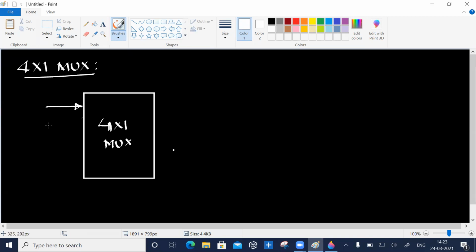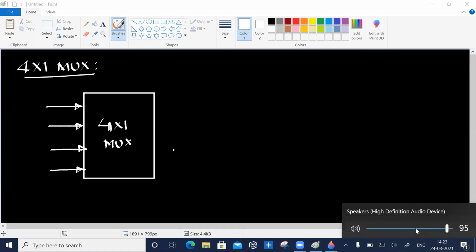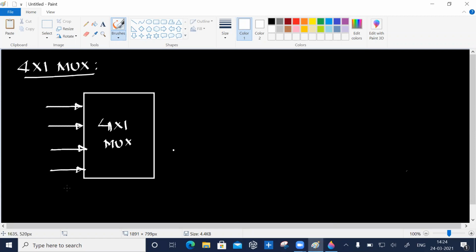Very good, I have 4 inputs. You have 2 select inputs, so I take S0, S1.